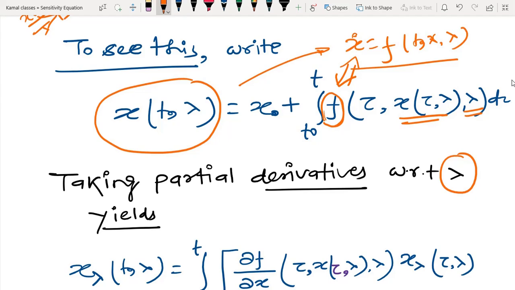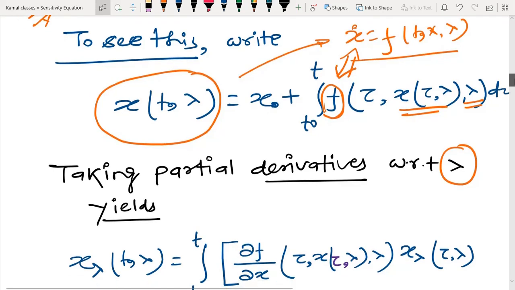That assumption I have already made. Under that assumption I am going to check whether the solution is differentiable or not. By simple mathematics it is possible to prove that it is differentiable with respect to lambda.